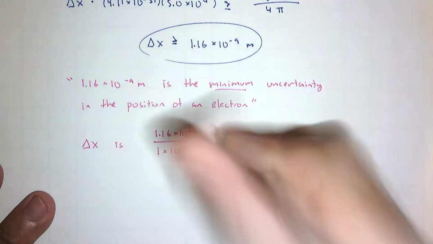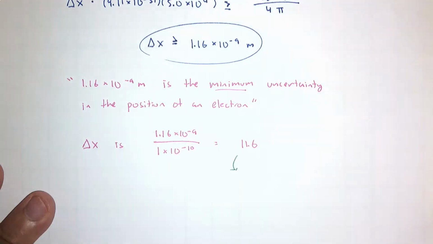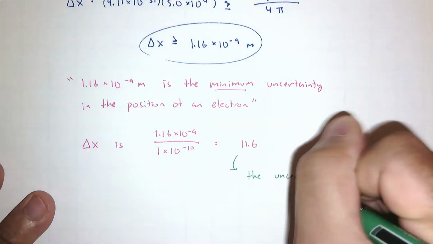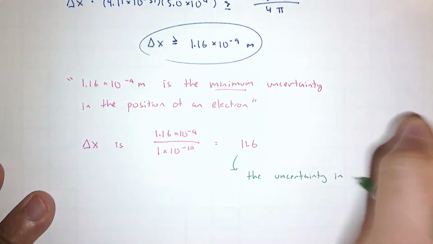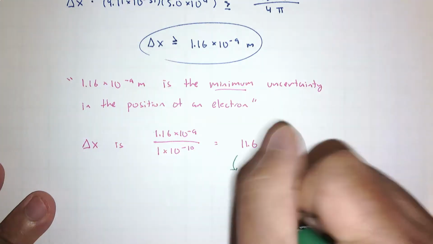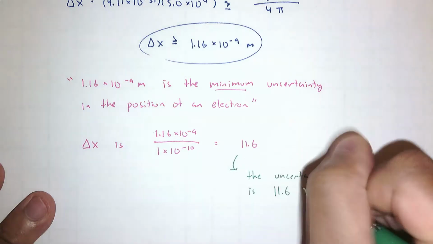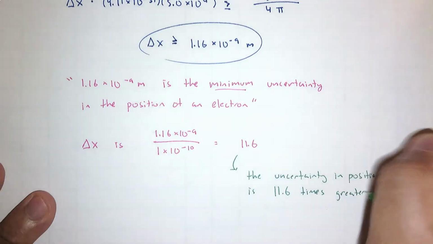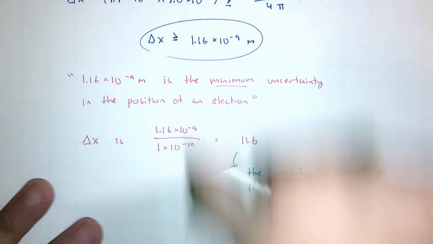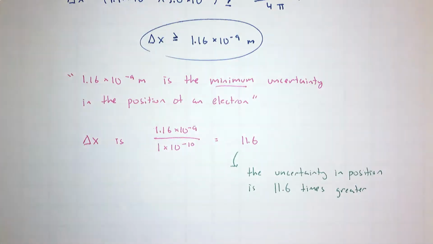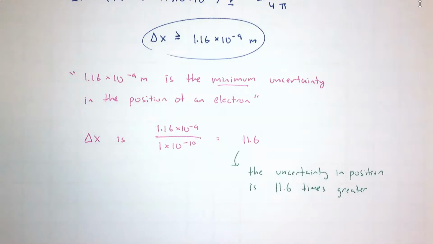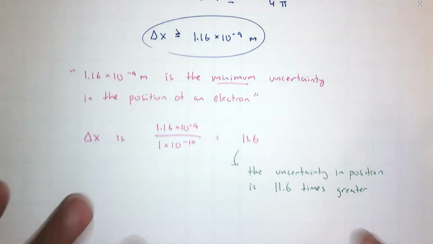This means that the uncertainty in position is 11.6 times greater. That's very uncertain. When you have an object and the location of that object has an error of 11 times that size of the object, then that comments on how uncertain one can be on that position.